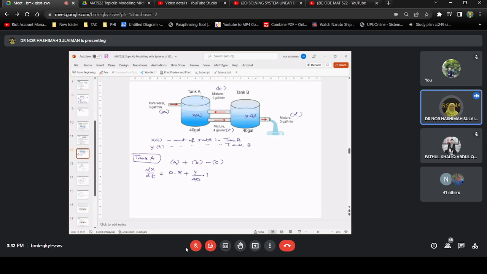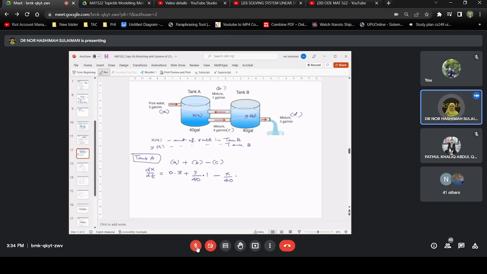C goes out from A. Alright, it goes out from A, so that means we subtract here. Okay, so what will be the concentration of the mixture here? The concentration is equal to what? Amount of salt divided by 40, right? X over 40.